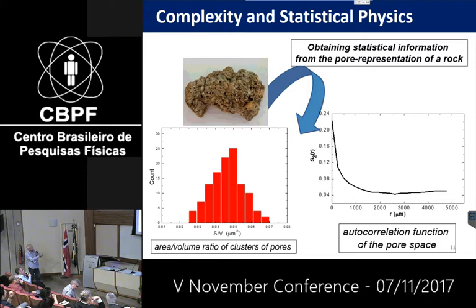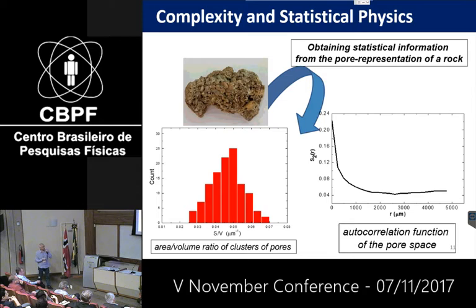This is a natural rock from Lagoa Salgada. Using different statistical descriptors, you can establish, for example, the area to volume ratio of cluster of pores inside the natural rock, as shown here. Also, it's possible to compute the autocorrelation function of the pore space, as this function shown here.